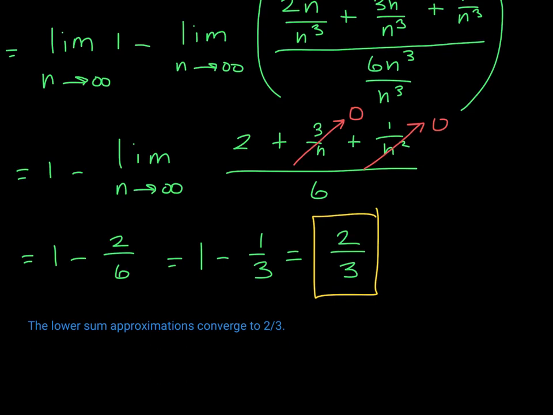This is amazing because earlier we were just approximating what that area would be, and we said soon we'll be able to show that the sum is exactly 2/3. Now what's really interesting is that a similar calculation shows that the upper sum also converges to 2/3. Actually, any finite sum, your lower sum, upper sum, or even a midpoint sum, they're all going to converge to this same value, 2/3.